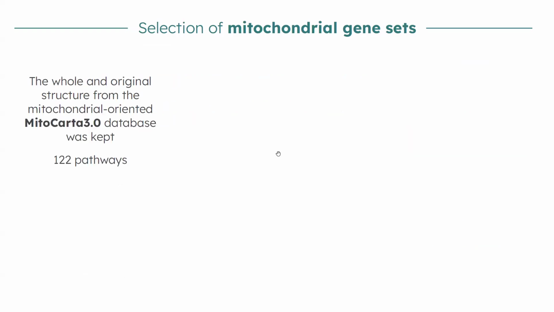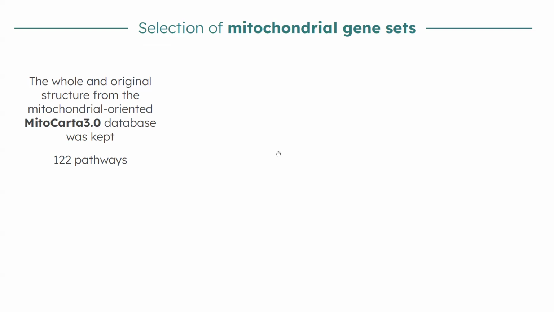Then we have to select the mitochondrial gene sets explaining the different biological functions. Actually, MitoCarta already provides a database of pathways. It is like Reactome, but just mitochondria-oriented pathways.